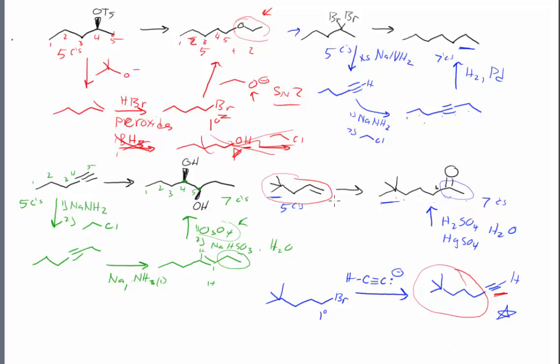So we can turn alkenes into terminal alkynes via adding 2 carbons, simply by turning that alkene into an alkyl halide. We want a good leaving group. We prefer that it's primary. That makes it for an easier substitution.